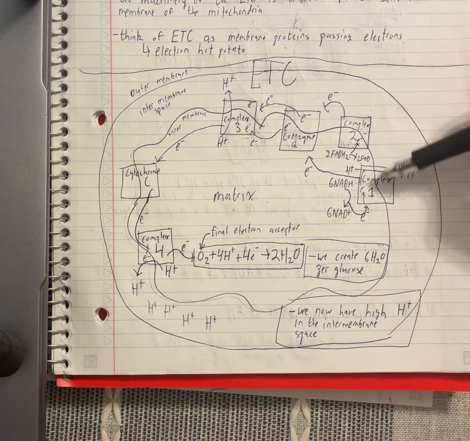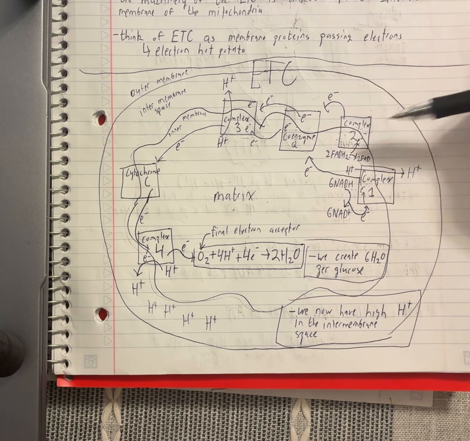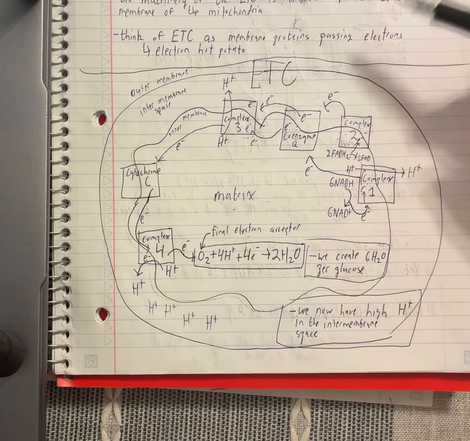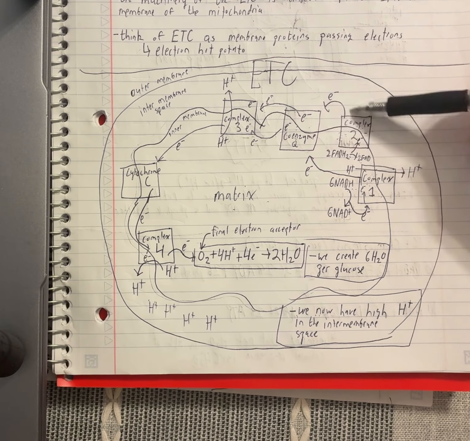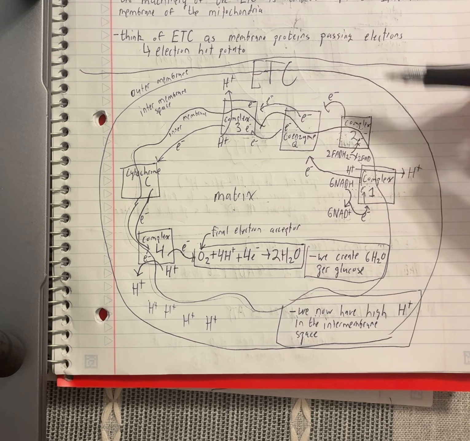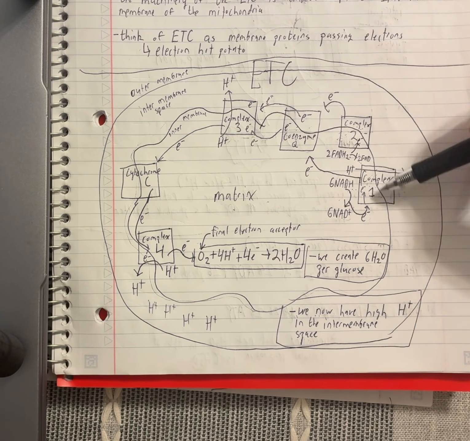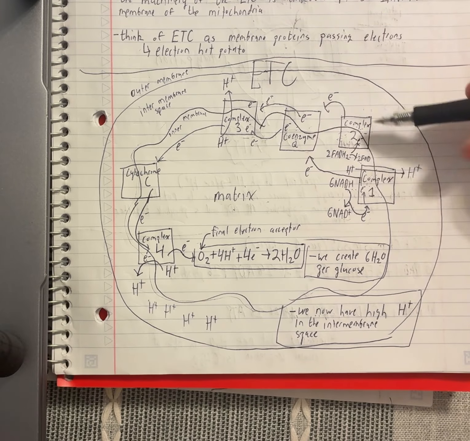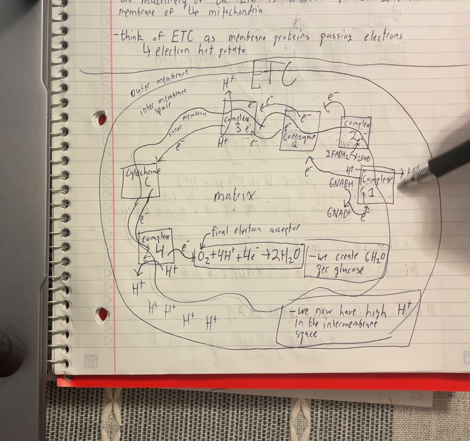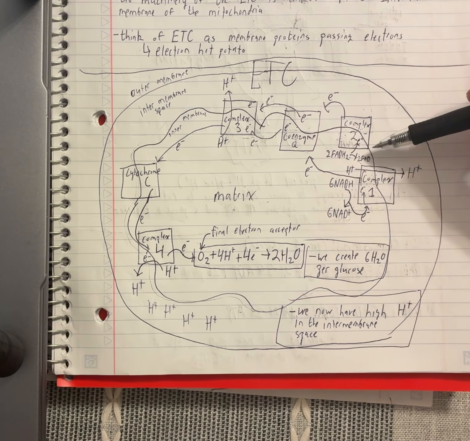So now complex 1 and complex 2 have these electrons in them, and these electrons have a negative charge, and the flow of electrons, as you might know, is electricity, right? And these properties are going to make what's called a conformational change in the structure of these proteins, specifically in complex 1 is what we're looking at.